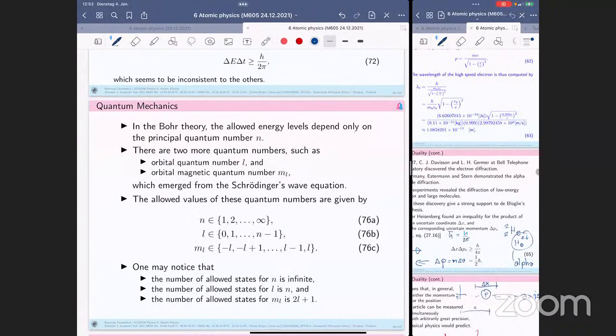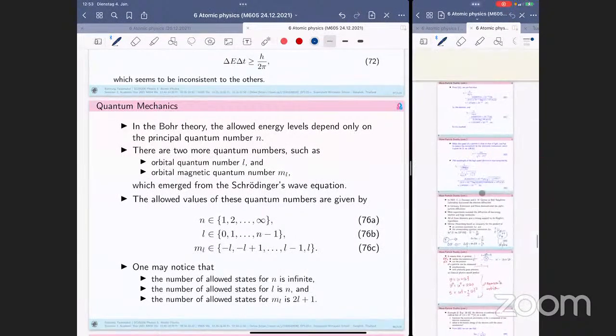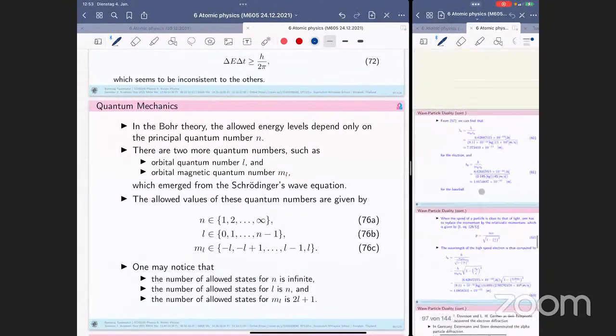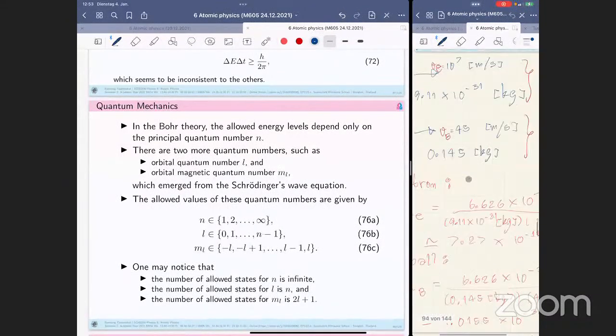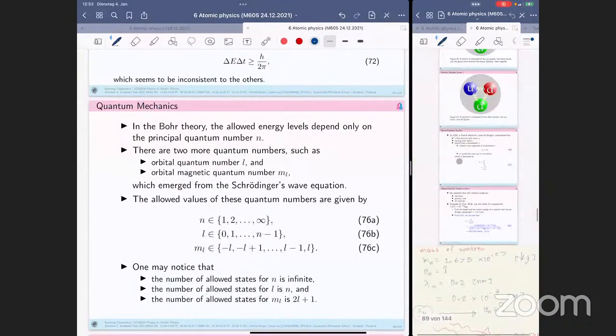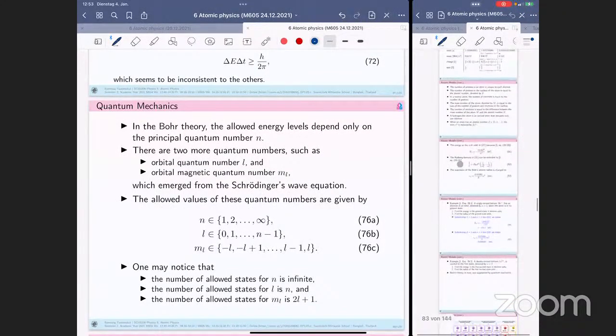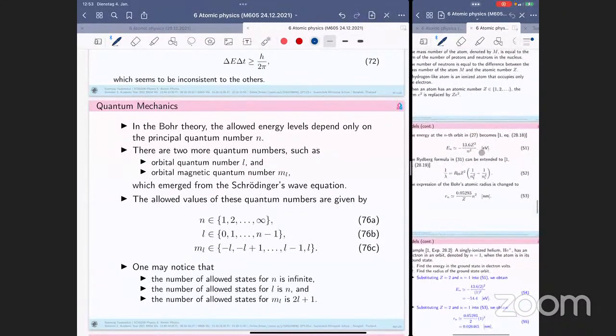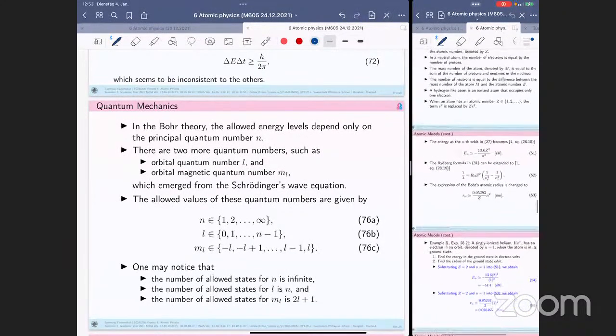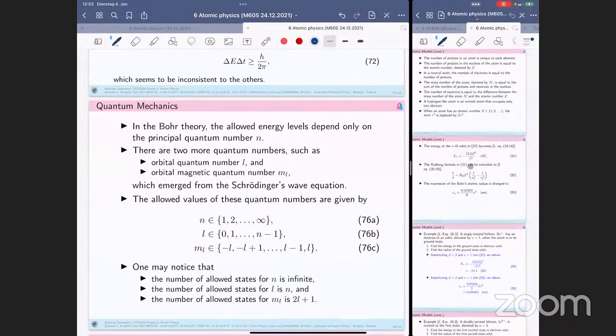Whatever you saw previously depends on the quantum number n, like En and lambda, or even the radius of the atom, in terms of the Bohr model.